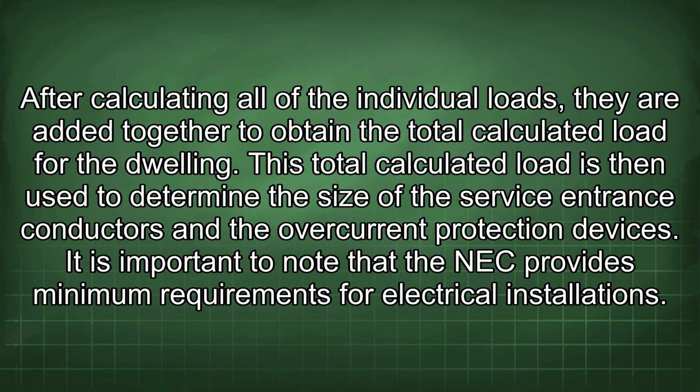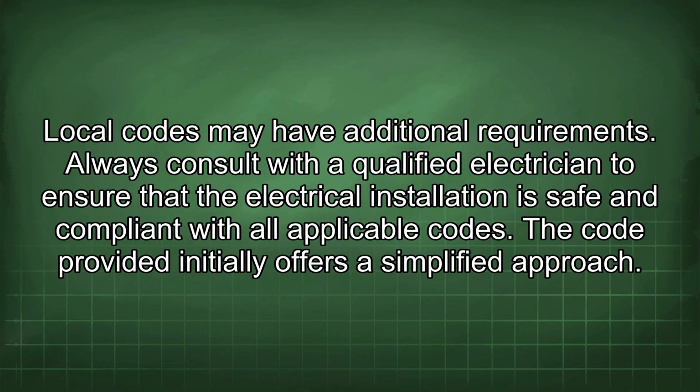This total calculated load is then used to determine the size of the service entrance conductors and the overcurrent protection devices. It is important to note that the NEC provides minimum requirements for electrical installations. Local codes may have additional requirements. Always consult with a qualified electrician to ensure that the electrical installation is safe and compliant with all applicable codes.